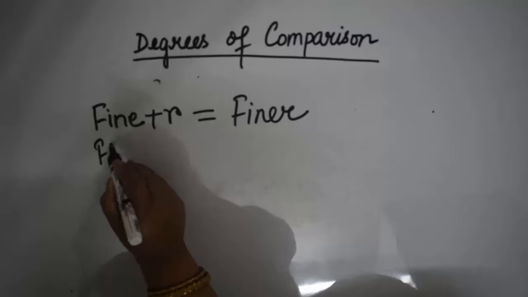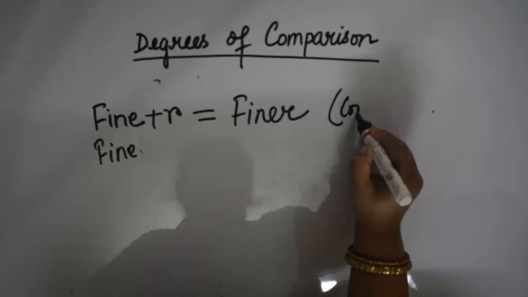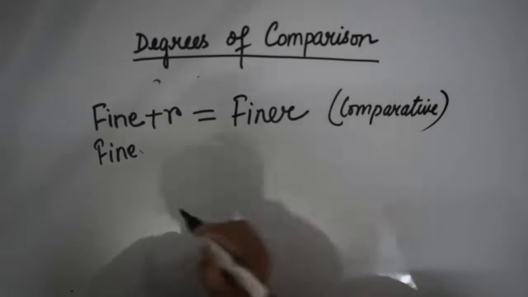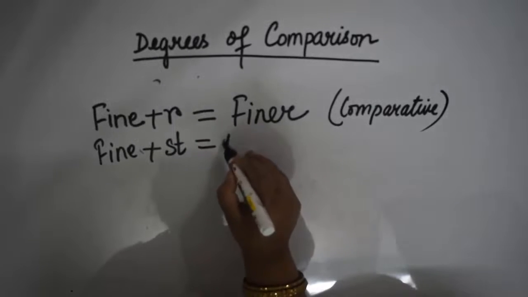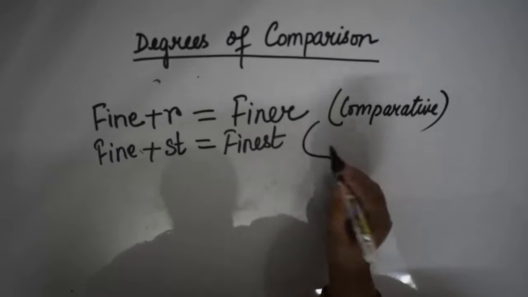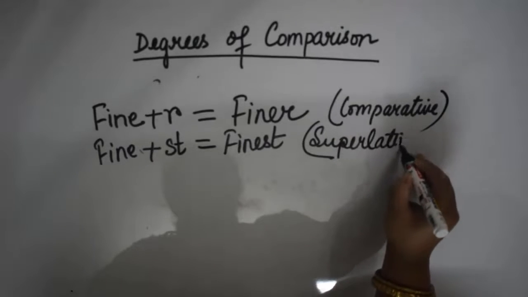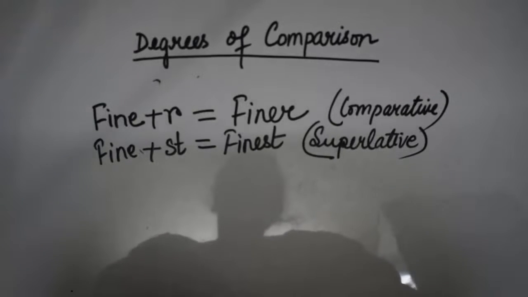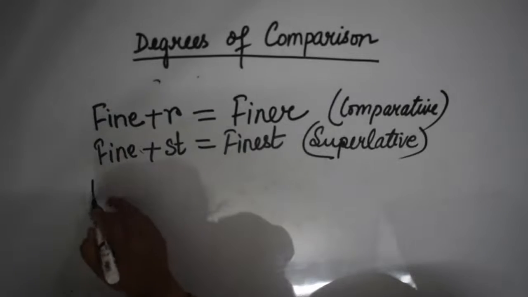Similarly, I need to add st to turn it into finest, which is the superlative form of the word fine. Is it clear to you? Okay. Let's take another word, humble.